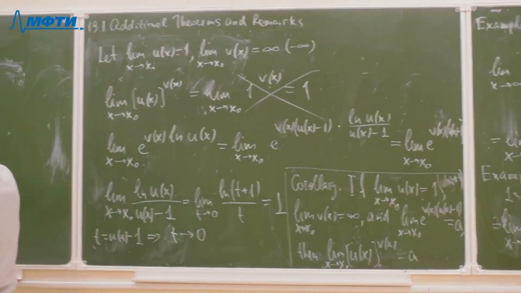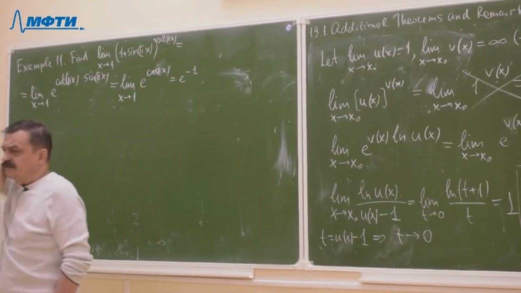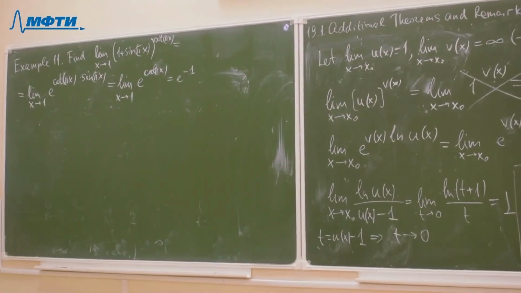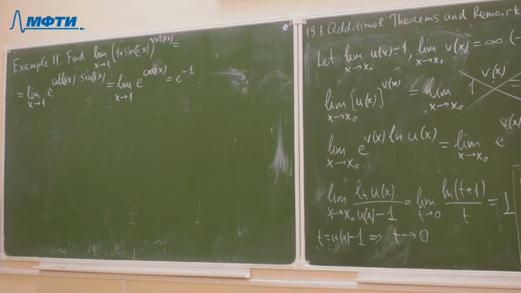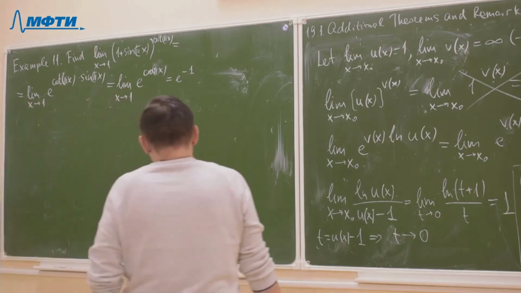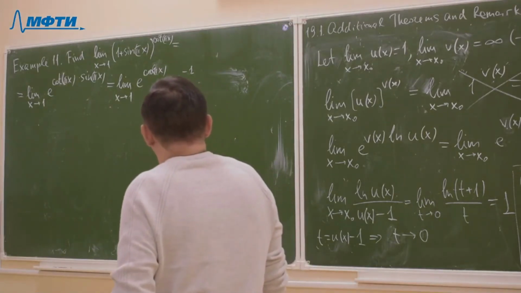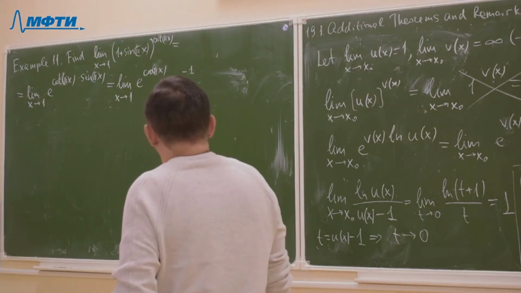So here we have the limit is 1 and the function 1 plus sine pi x is not equal to 1 in the neighborhood, right? Yeah. Then, what is next? What is next?